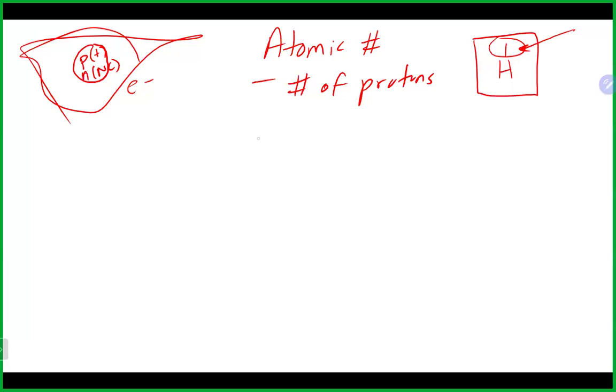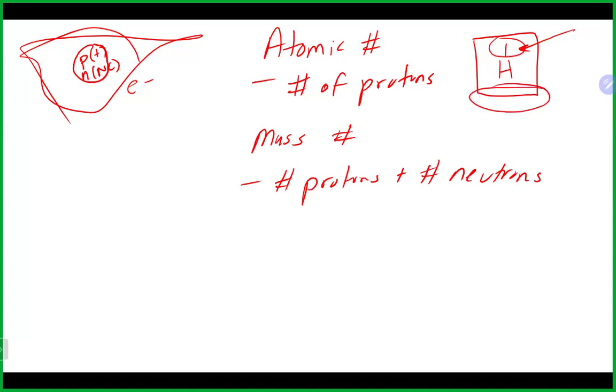The other number we talked about there is the mass number. And the mass number is the number of protons plus the number of neutrons. So the mass number is both of those things together. Remember, as we talked about at the end there, mass numbers are not found on the periodic table. Very commonly, people make a mistake and think the number they see on the bottom is the mass number.